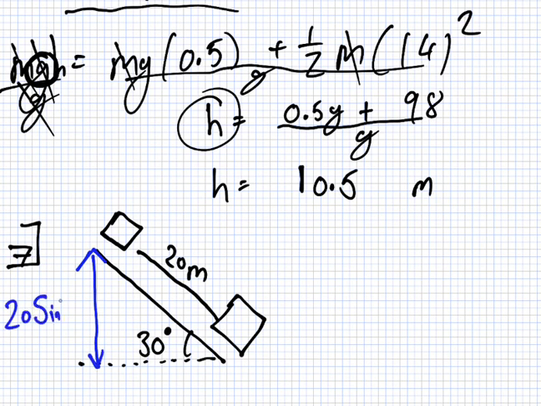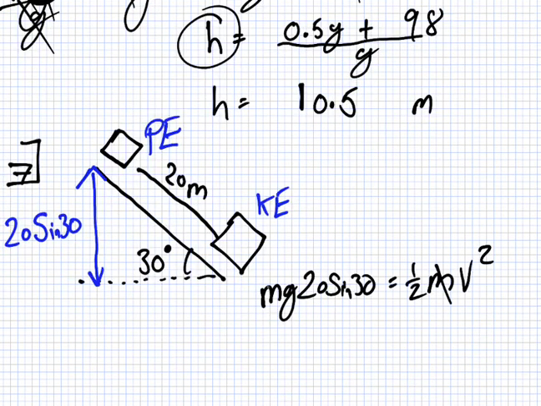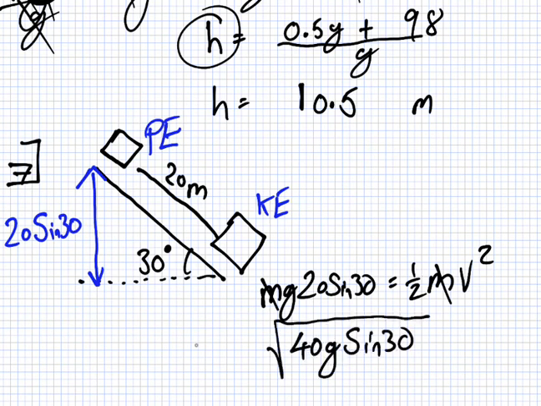The potential energy here equals the kinetic energy here. So we have mgh equals a half mv squared. Cancel, cancel, so I get 40 g sine 30 square root, that's the v. Whatever that is on the calculator, what does it work out as? 14.